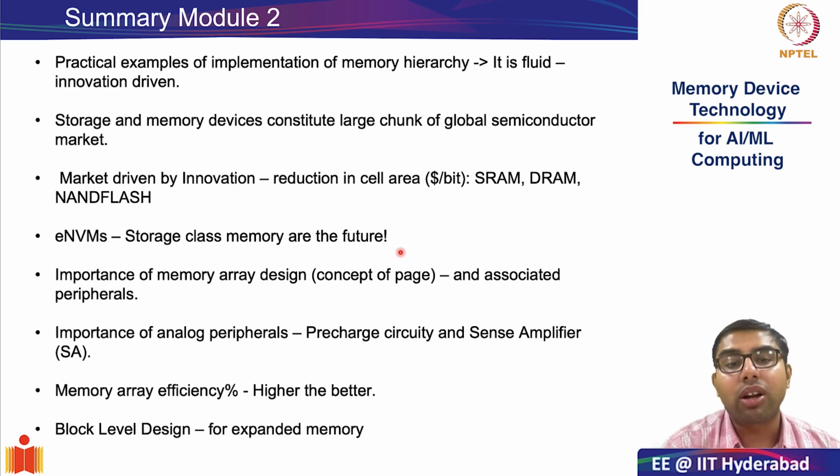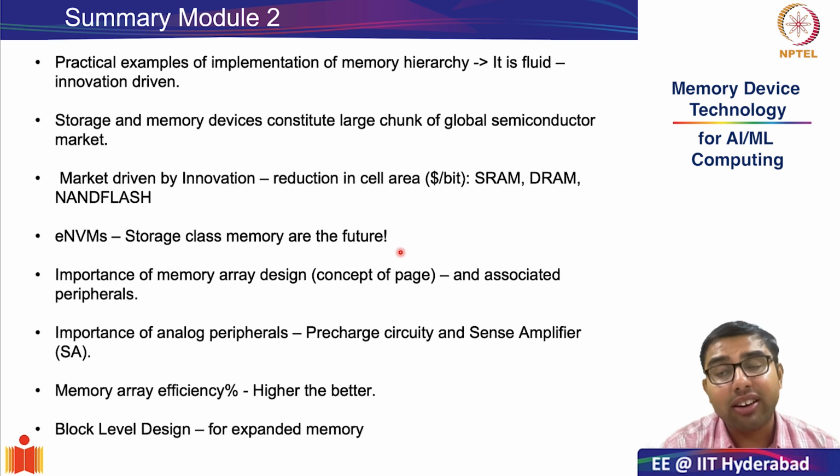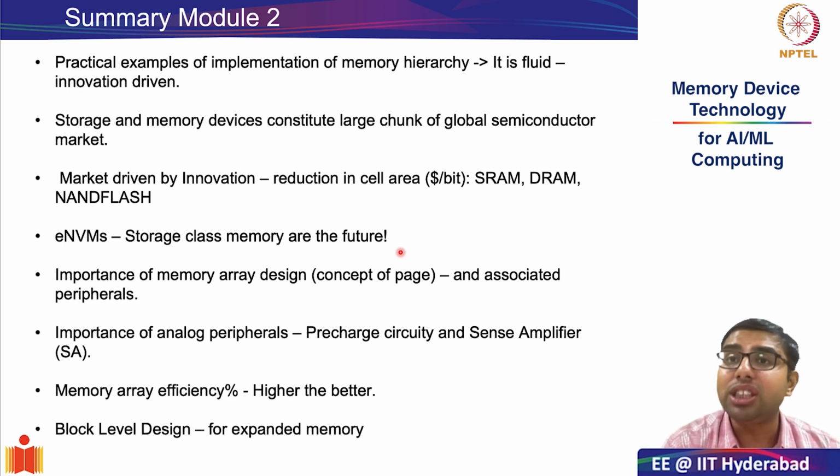Today, we looked at what is the definition of memory array efficiency, how it can change from technology to technology. SRAM, DRAM and NAND flash have increasing memory array efficiency because of improved bit density. And finally, we looked at the importance of modularized block level design for expanded memory.